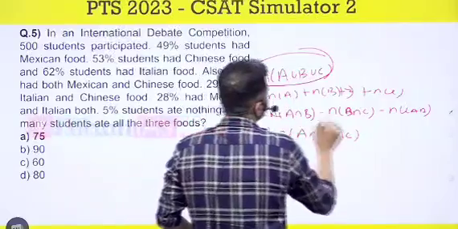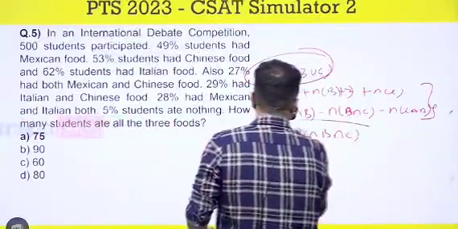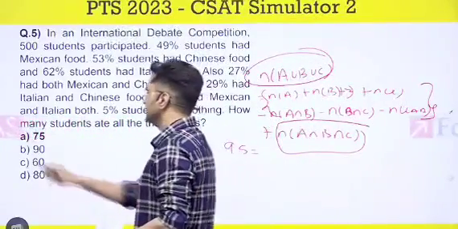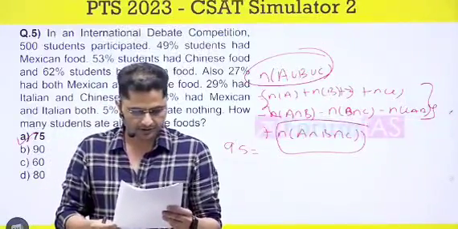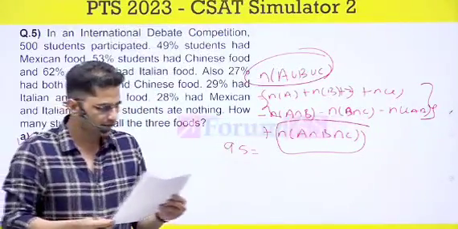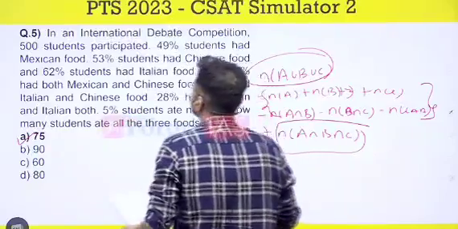We have the data for all of this. This is what we will get finally as the answer. So the answer here would be 75. That is 15%. Fine.